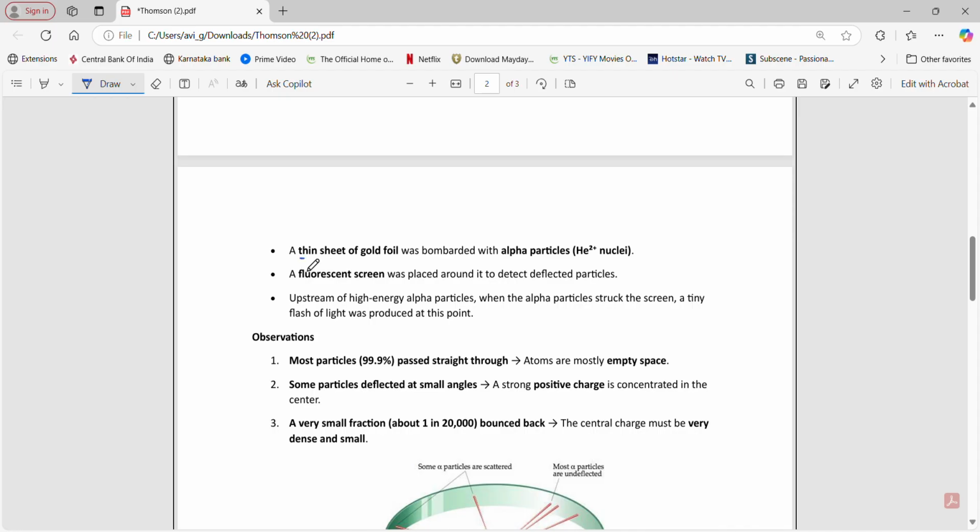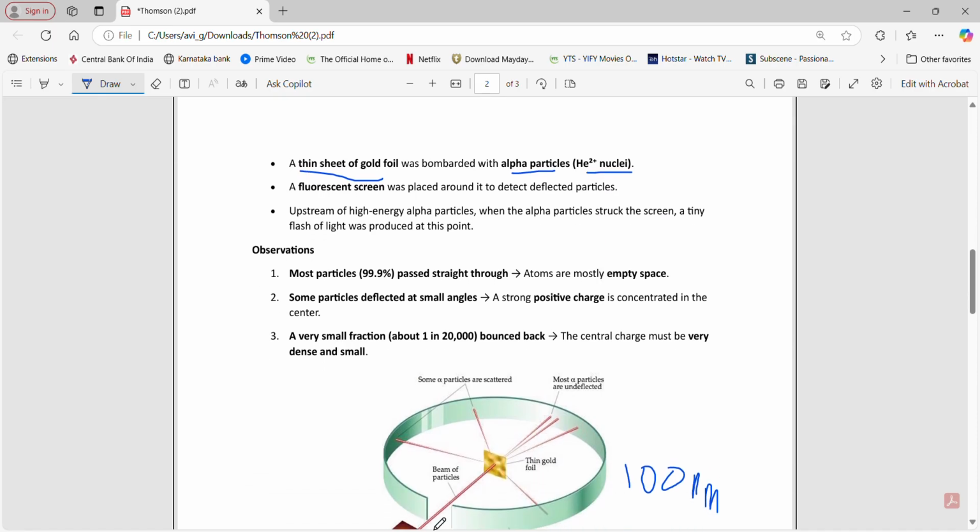As I said, a thin sheet of gold foil was bombarded with alpha particles or the He2 plus nuclei. If you remove those 2 electrons from helium, you get the helium nuclei, which is also known as the alpha particle. And as you can see, this is the screen which was put around this setup, known as the fluorescent screen.